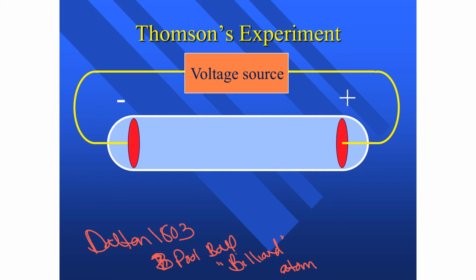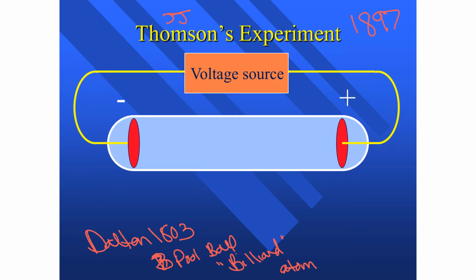Well, it took about almost 100 years, 90 some years, until a guy named J.J. Thomson found out that there were some parts of Dalton's theory of an atom that were wrong.